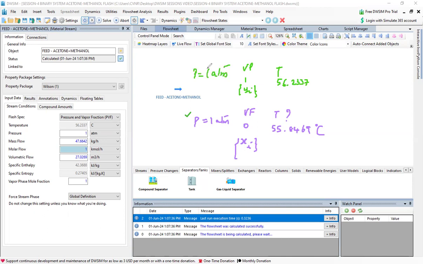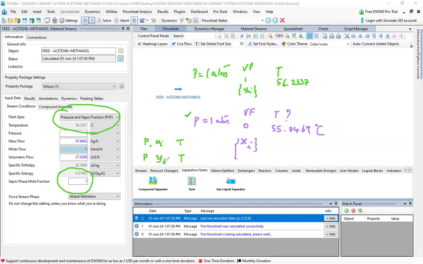Very simple. I make a change in the vapor phase mole fraction and choose temperature and vapor fraction like this. In the first case, I know pressure and the liquid phase composition, and I am finding temperature. In the second case, I know pressure and the vapor phase composition, and I am finding temperature.